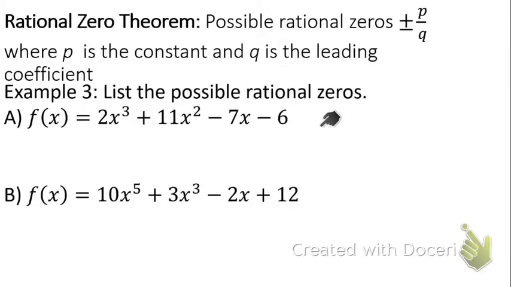But copy down A and then copy down B. These are a little harder, so this is a little bit better to do because there's a lot more possibilities.